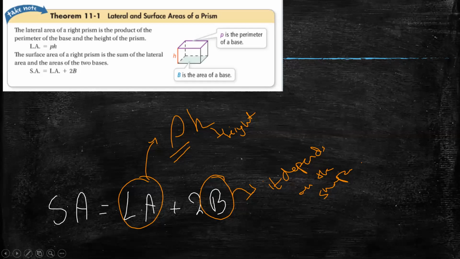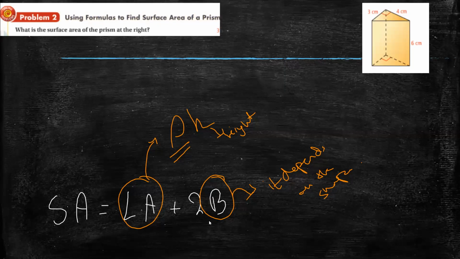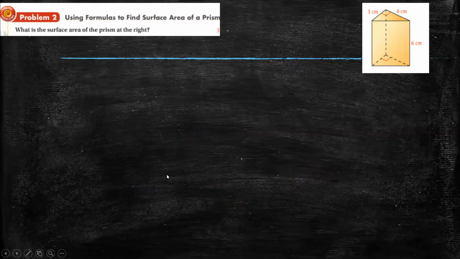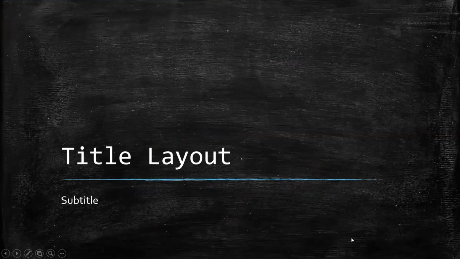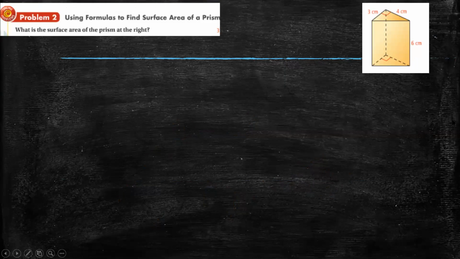Let's now have an example here. In this problem now, as you see, we have two triangles.